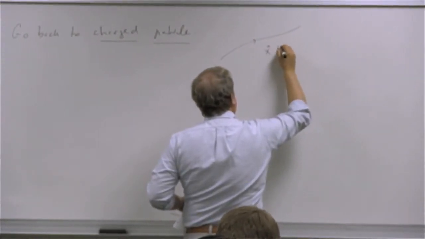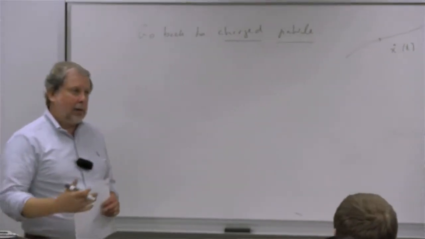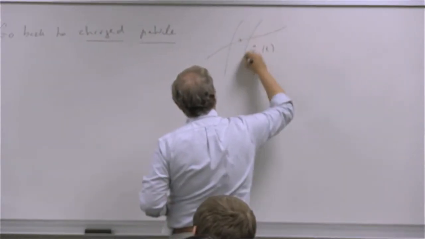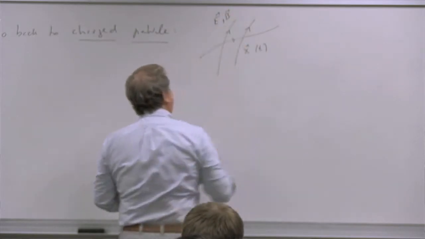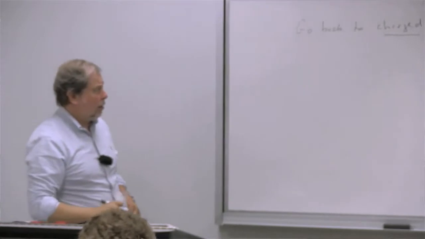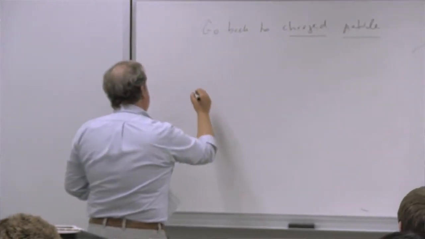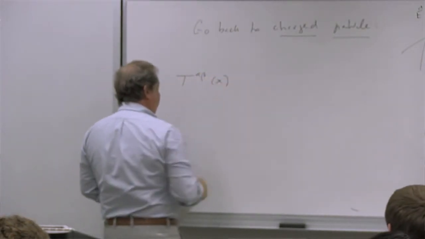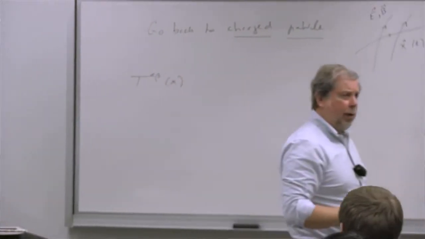It moves along a trajectory x of t. But the new ingredient we want to add is that the reason why it follows a certain trajectory is because there is some sort of E or B field here, right, which acts on the particle in accordance with the Lorentz force equation, right? So that means that when we discuss the energy momentum tensor, T alpha beta of x, we have to introduce a new concept, right?